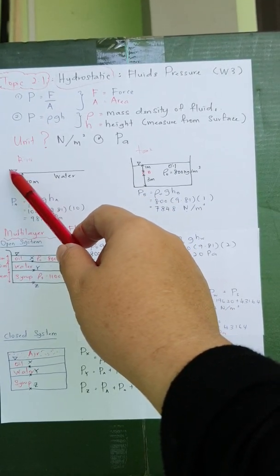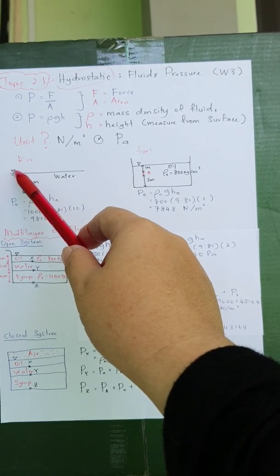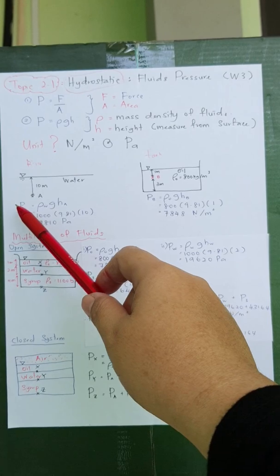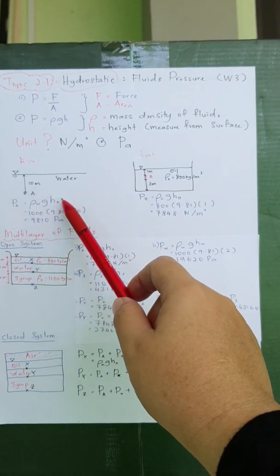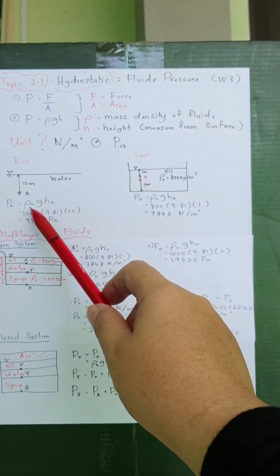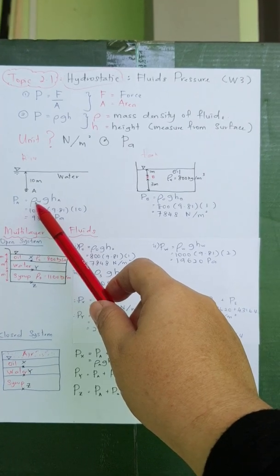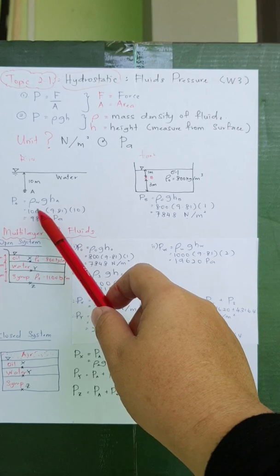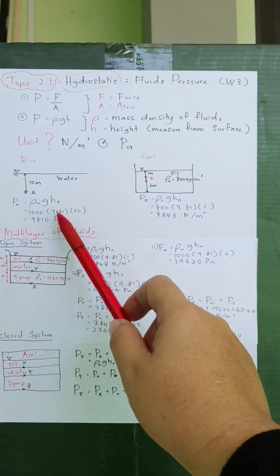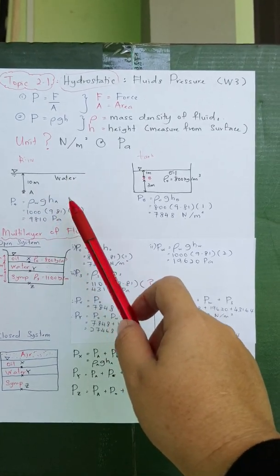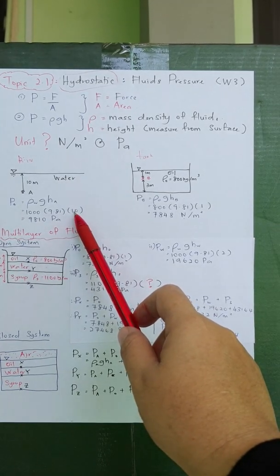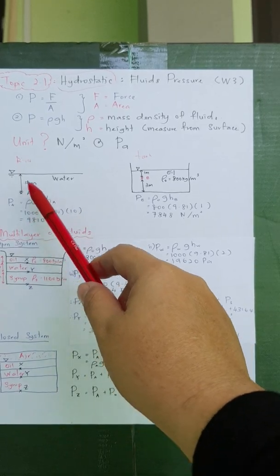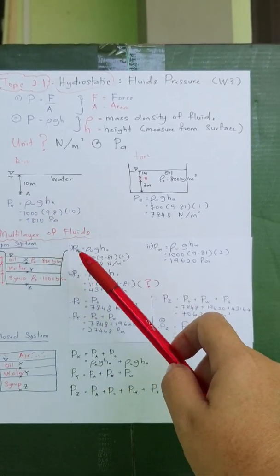We use the equation rho g h, where rho is the mass density of the liquid. In this case it is water, so we use rho of water, 1000. g is 9.81, and h is measured from the surface, 10 meters. So the pressure at A is 98100 Pascal.